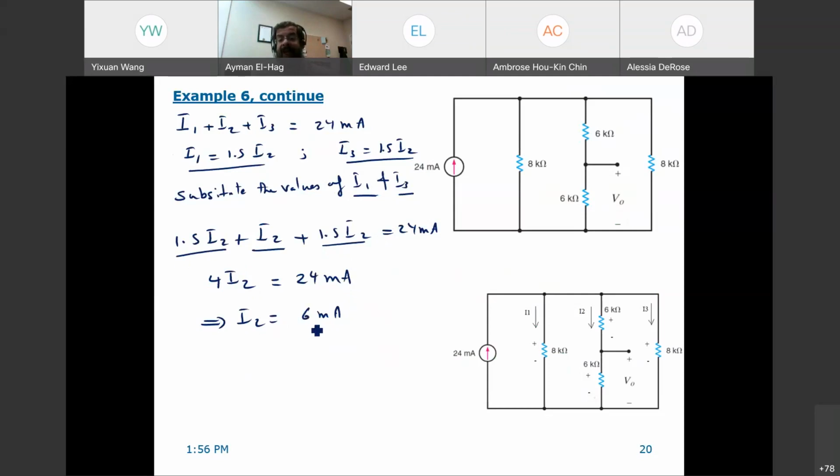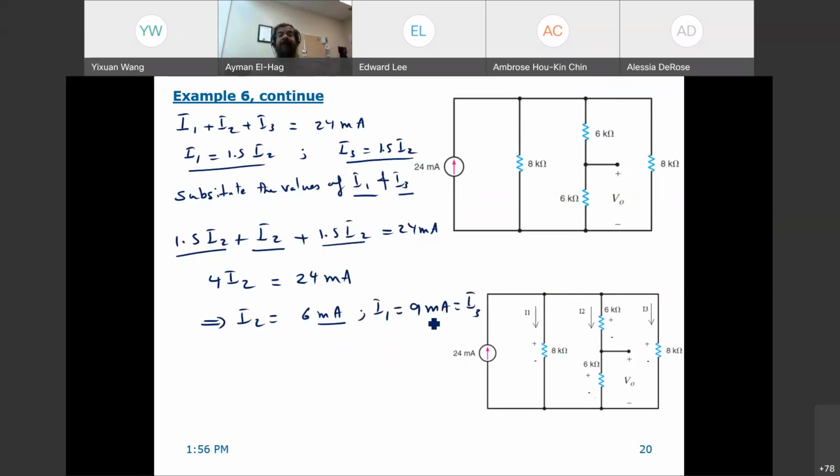Now, it's very important to write the units. If you say 6 and you don't continue, you will lose a mark here. So please assign units in any question that you solve. Now, if I want to find I1, clearly I1 is equal to 1.5 times I2, which is 9 milliamps. So is I3.